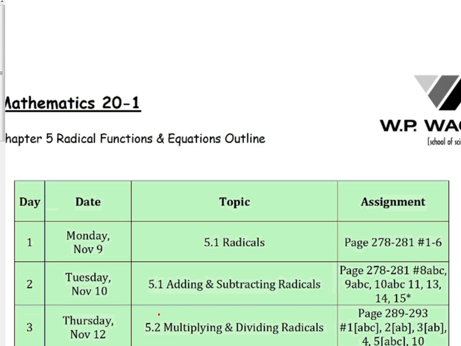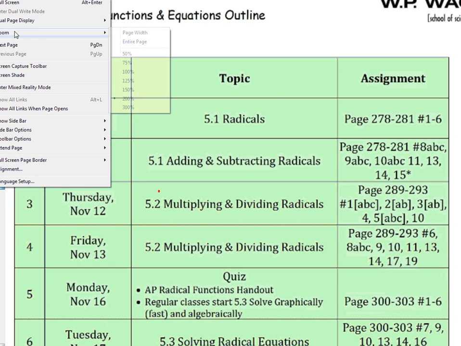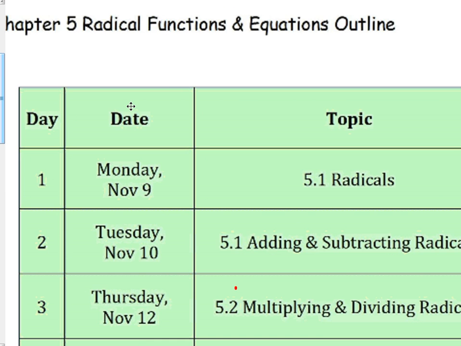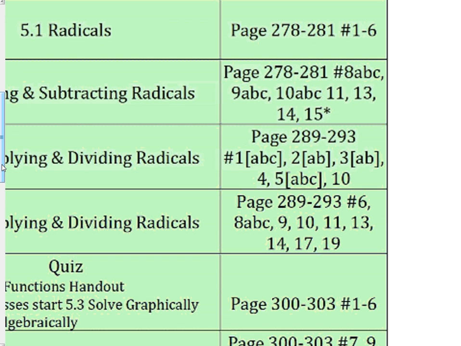Okay. So your assignment is right here. Page 289 to 293. Okay, numbers 1, A, B, C, 2, A, B, 3, A, B. Please write this down right now, or you have it on your first page, right? Your very first page.